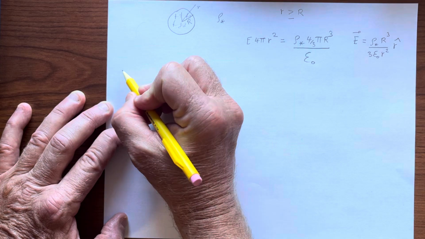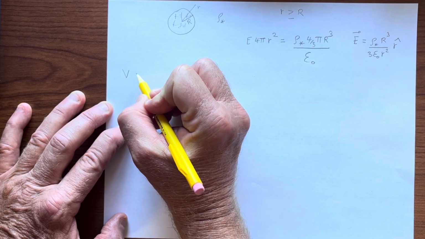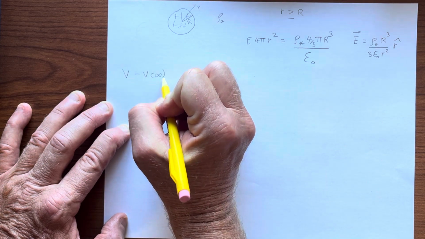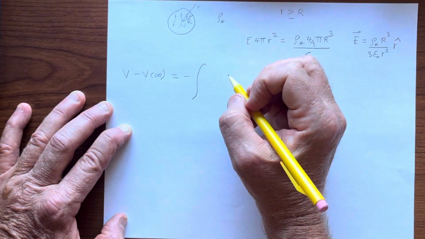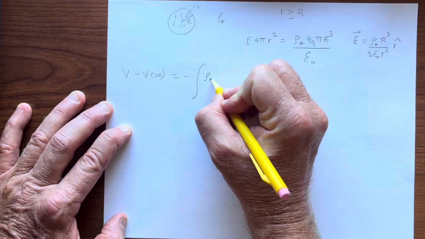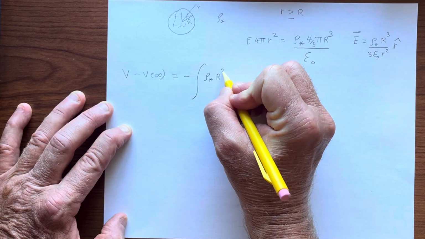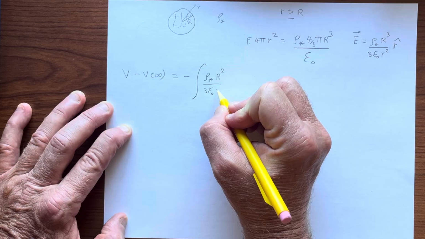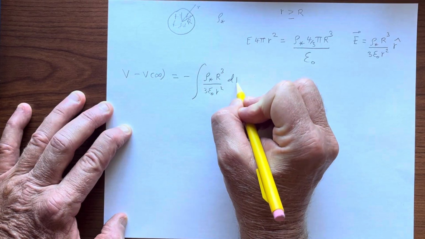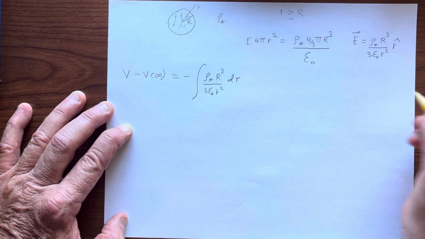And so the electric potential V minus V infinity is equal to minus the integral of that expression, rho star capital R cubed, which is a constant, over 3 epsilon naught r squared, dr. Most of these are constants.